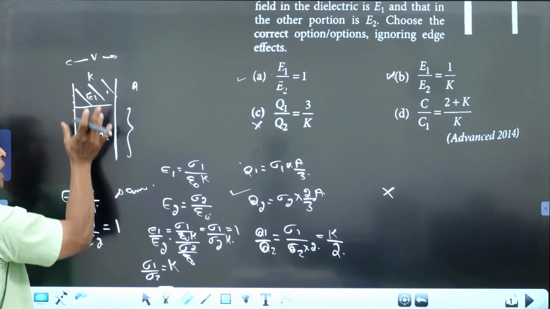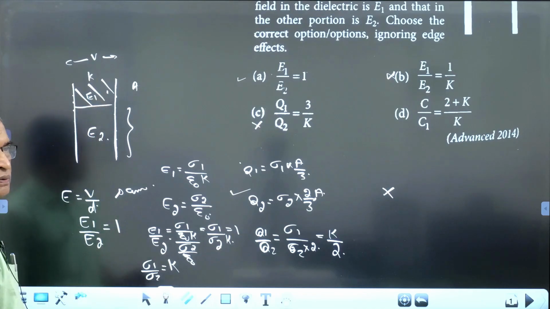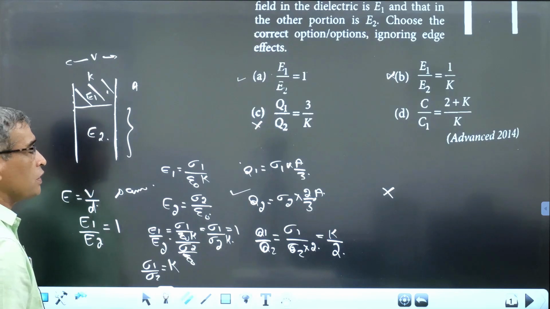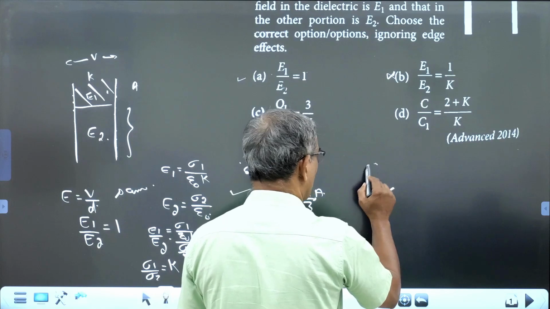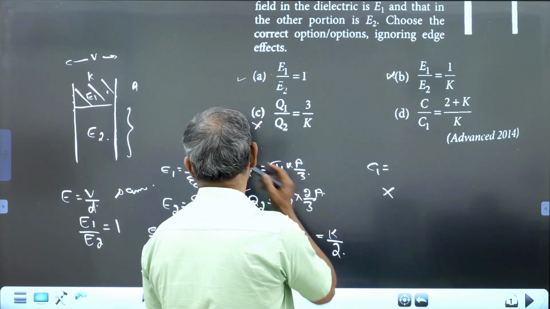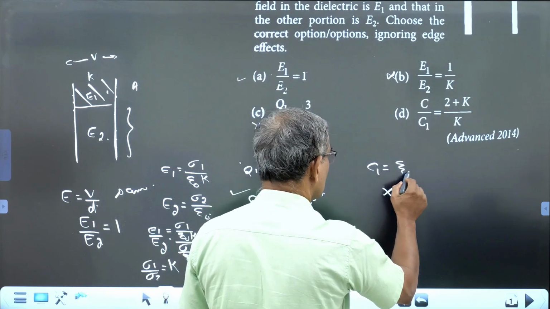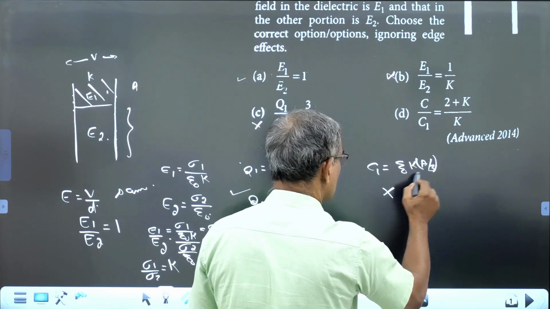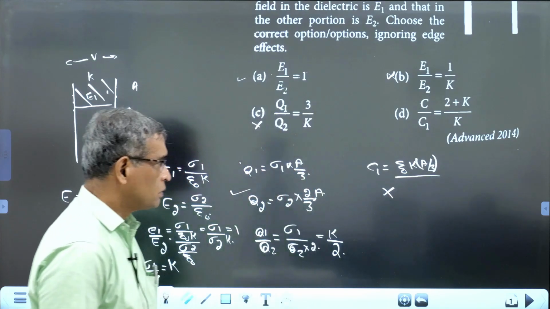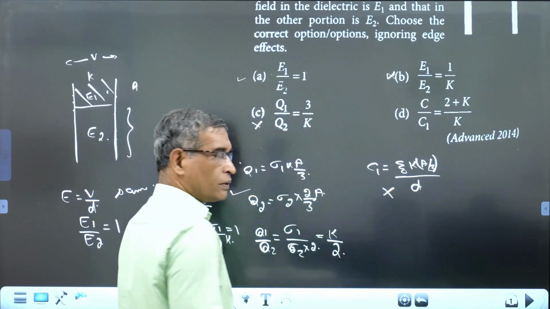Then they are arranged in parallel to get C. Therefore, we first find the value of C1. C1 is the capacity of the capacitor fully filled with the dielectric: epsilon 0 K A by 3 over the separation D. This is C1.